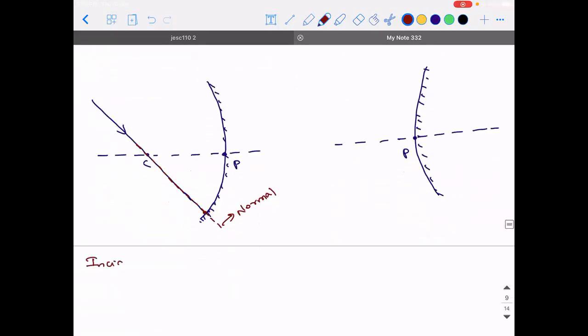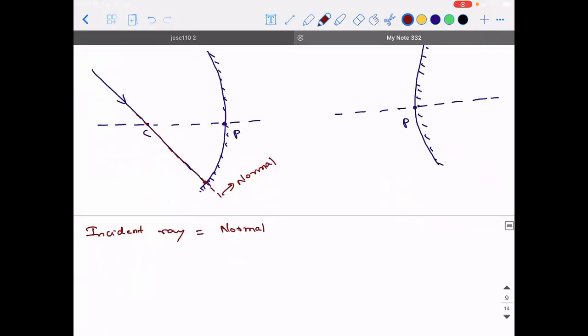You're able to see that the incident ray is equal to the normal in this scenario. If the incident ray is equal to the normal, what is the angle of incidence equal to? 0. Very good. That implies the angle of reflection is also 0. So what will happen to the reflected ray? The reflected ray starts retracing its path.